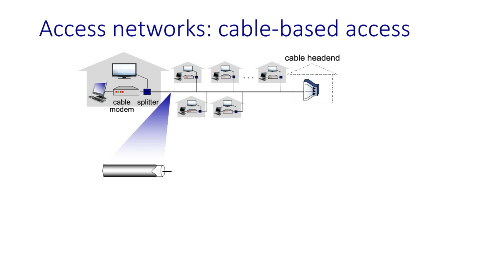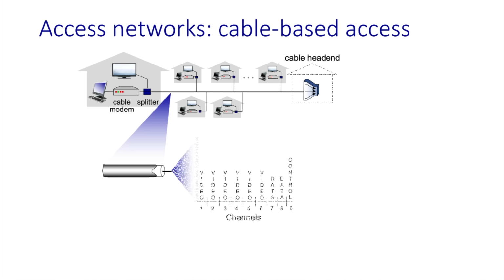So let's start our discussion of access networks close to home, well, actually in our home, by first looking at cable access networks. As shown in this figure here, in a cable access network, I have Comcast cable access, for example, in my house. A physical cable connects multiple homes to a single cable head end over here on the right.